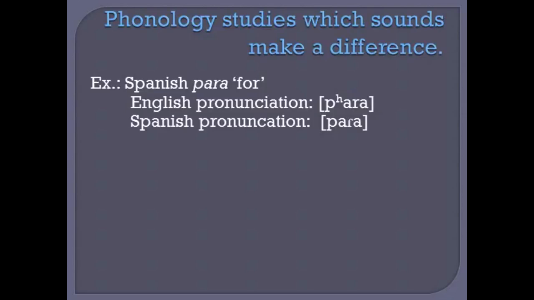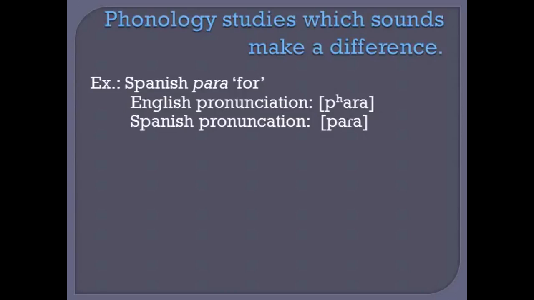So for instance, if you've taken a Spanish class, or you walk into a Spanish class and you see the word para, P-A-R-A, which one of its meanings is for, and you're an English speaker, you're probably going to pronounce that word with an aspirated P, that's what that small h indicates, and a very English sounding R. And that's an acceptable pronunciation, but it's going to sound like you're an English speaker.